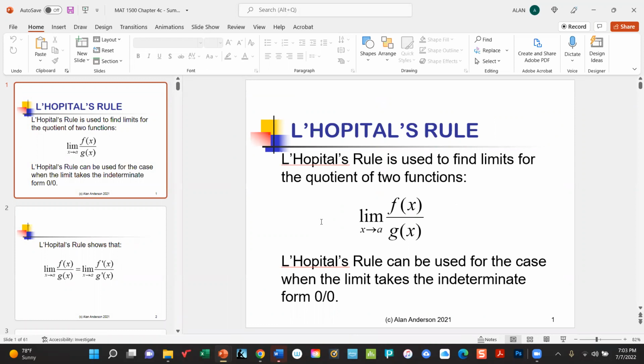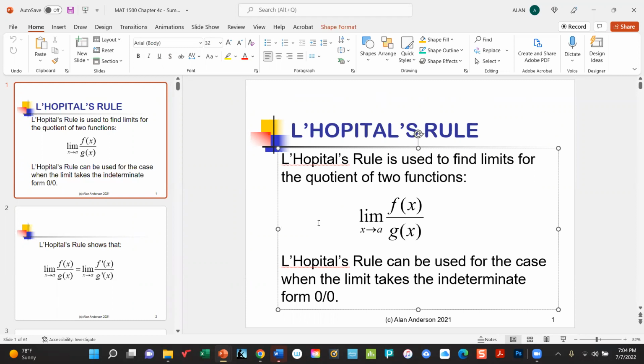And if that is what we get with direct substitution, instead of giving up, what we can do is calculate the derivative of the numerator and the denominator and then try again. And hopefully it works this time. If not, there are other techniques that we can try, but often that's going to get us our result. Again, it's just for the 0/0 and infinity over infinity cases.